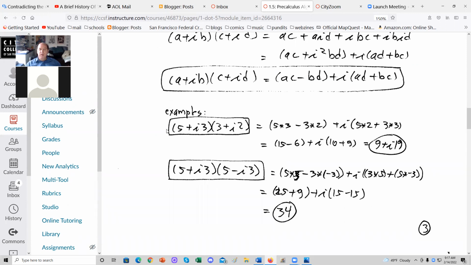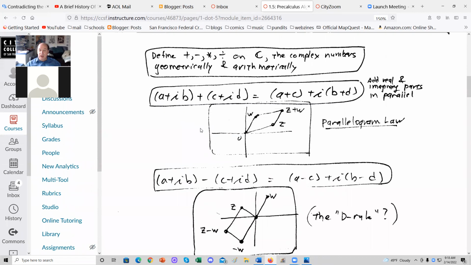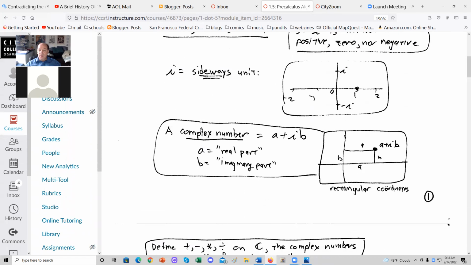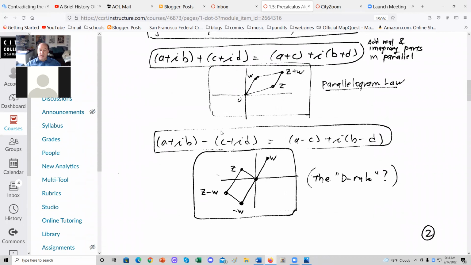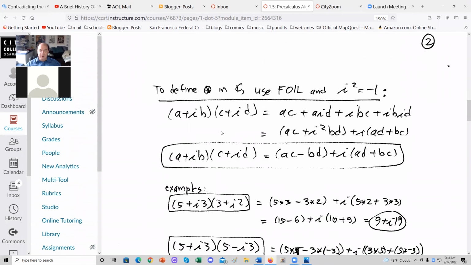So for example, 5 plus i3 times 3 plus i2. Oh, by the way, I prefer to put the i in front of the number because I think the i is really more like a sign, plus or minus, than it is like a number. However, it's common enough to write it as a plus bi as well as a plus ib.